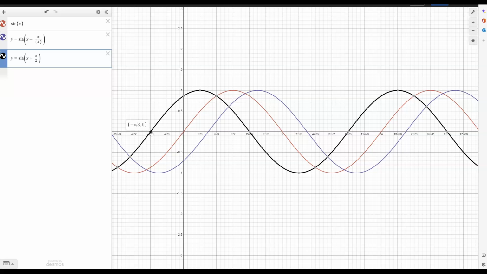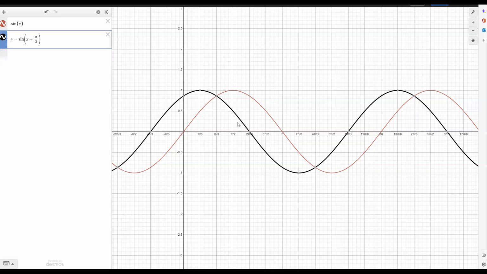So I'm going to take away the one in the middle, keep this basic sine function, but take away the minus pi over 4 one. And so you can see, instead of starting again at 0, 0, my basic sine function, I now started at negative pi over 3, 0.